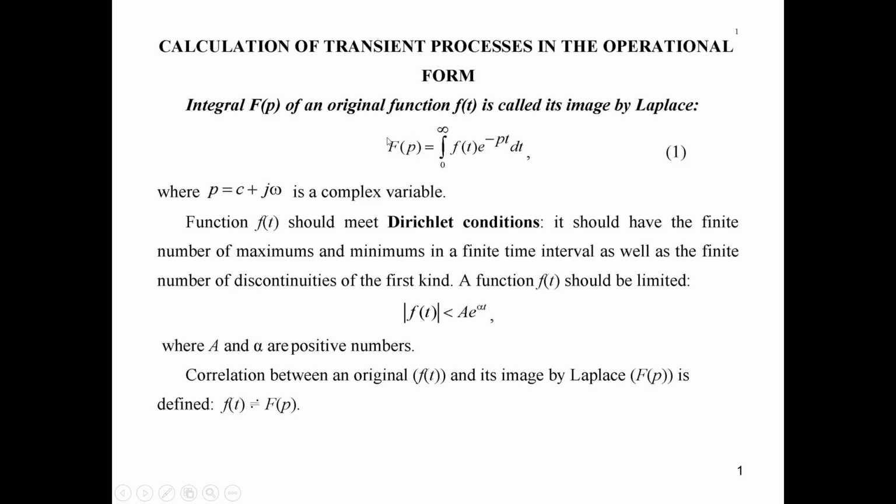It's the image by Laplace of a function of time. You see, small letter f from t means the instantaneous value from time. And when we would like to find the image of this function of time in the form F from p, we should apply such a mathematical operation.